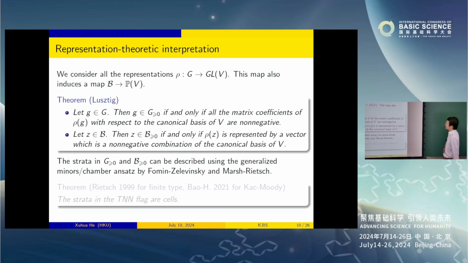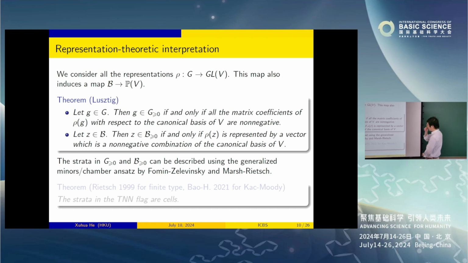To really understand this, we need some deep results from representation theory. This uses Lusztig's canonical basis. This is a really deep result that gives us control of the totally non-negative part of G and the totally non-negative part of the flag variety. That's given by looking at the matrix and the vectors associated to this element in terms of Lusztig's canonical basis.